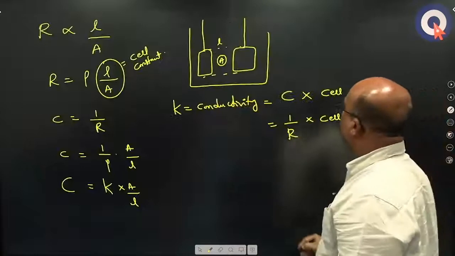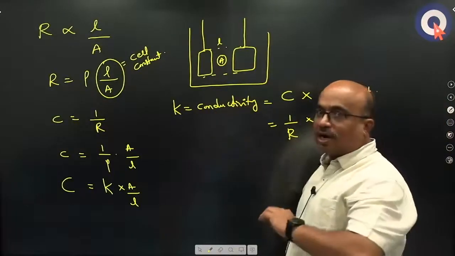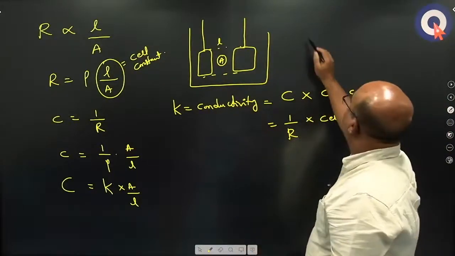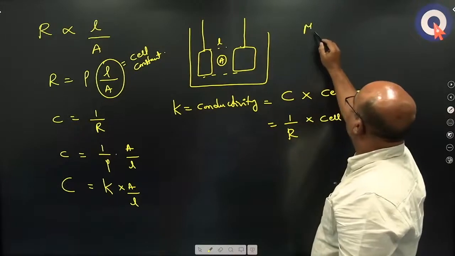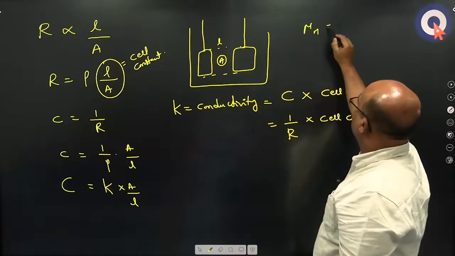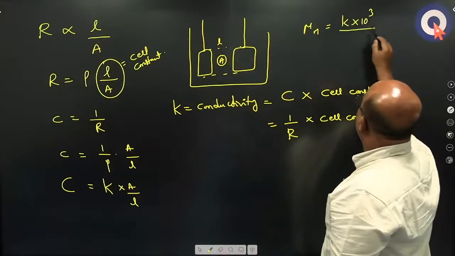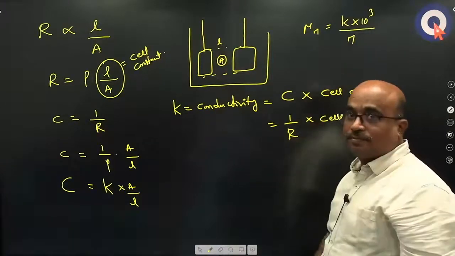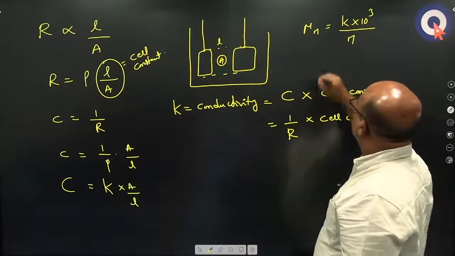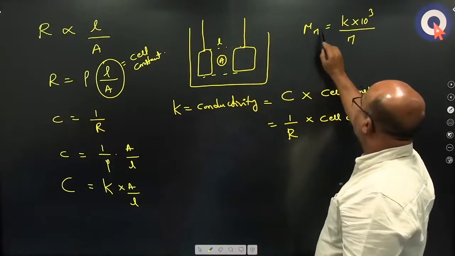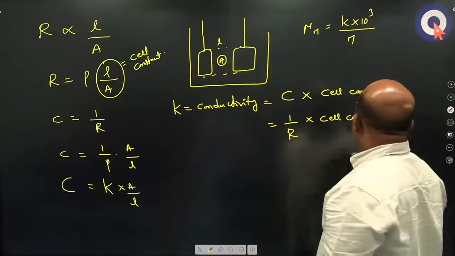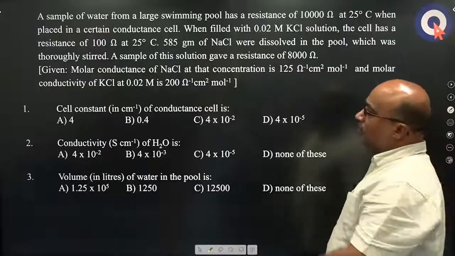So what is the relation of kappa with molar conductivity? Molar conductivity lambda m is equal to specific conductivity into 10 to the power of 3 by molarity. So we have the molar conductance of KCl solution. What is the molar conductivity of KCl solution?